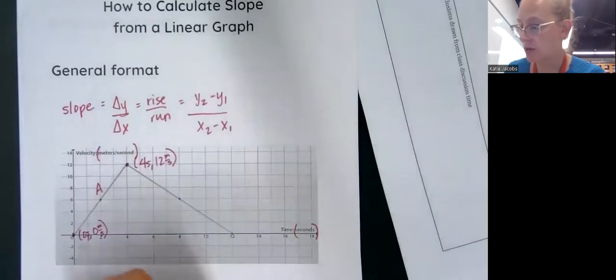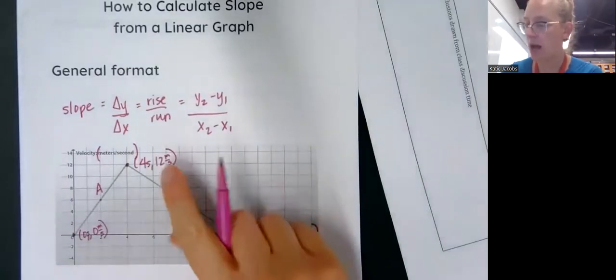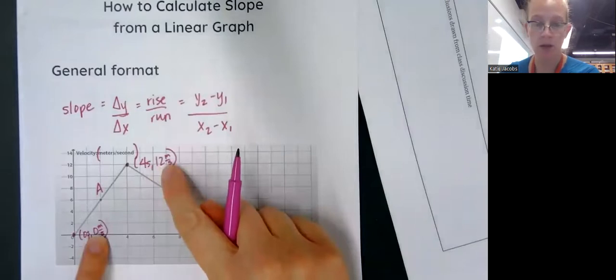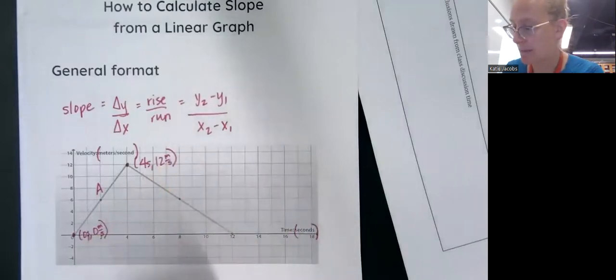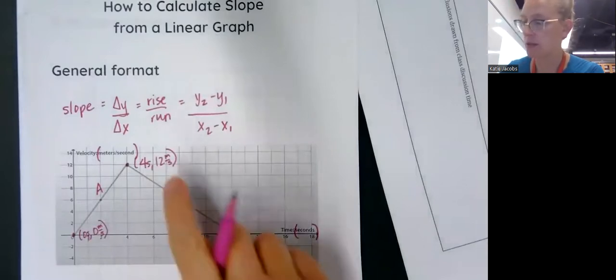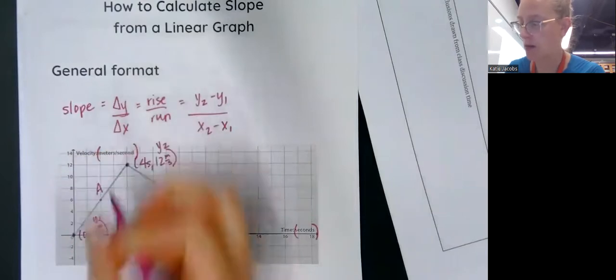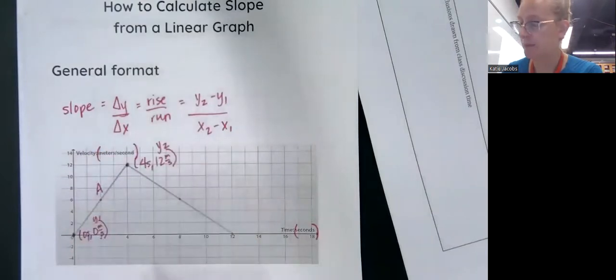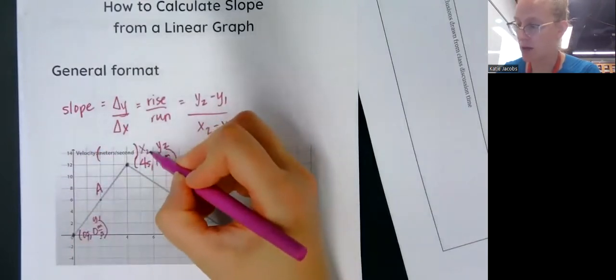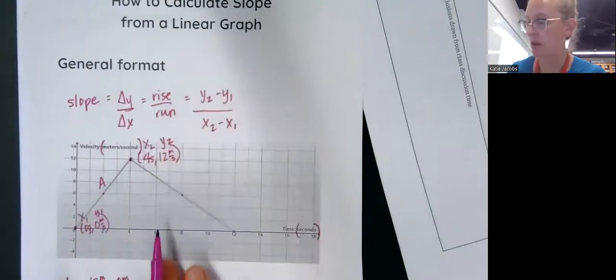So if I'm going to do the slope of A, it's going to be y2 minus y1. So 12 meters per second minus 0 meters per second. This is my y2. This is my y1. I subtract them in the numerator. This is my x2. This is my x1.